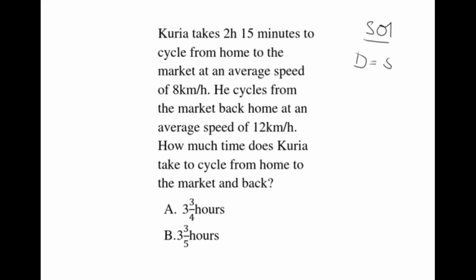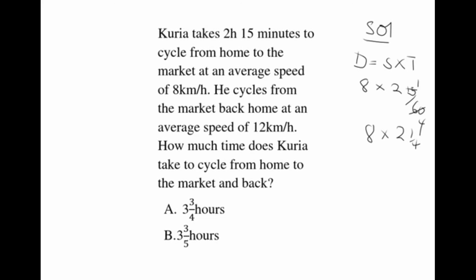Distance is speed times time. Speed 8 kilometers per hour times time 2 hours and 15 minutes. 15 over 60. By 15, 1. By 15, 4. Therefore, we have 8 times 2 and 1 over 4 hours. Convert this into an improper fraction.